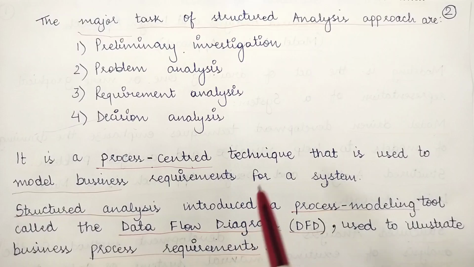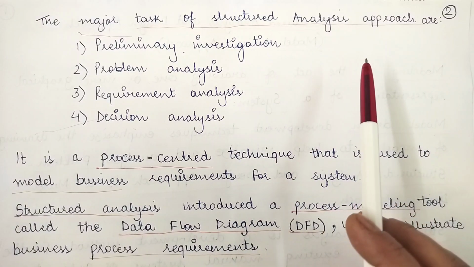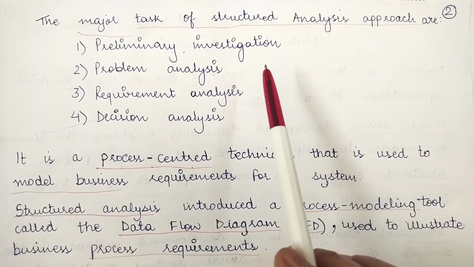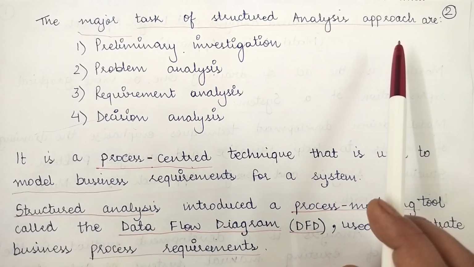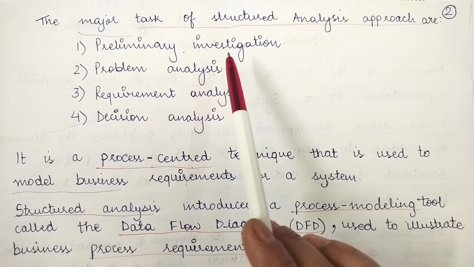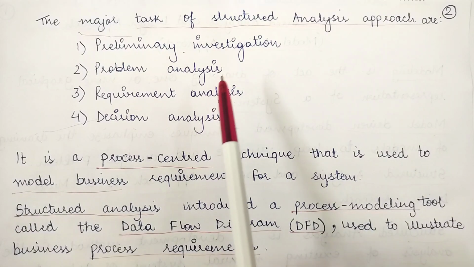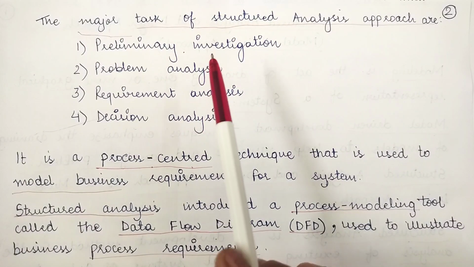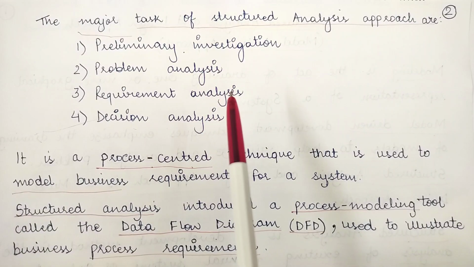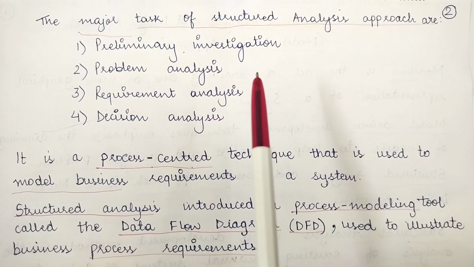The major tasks of the structured analysis approach: there are 4 major tasks of any structured analysis approach. The first one is preliminary investigation. See, the sequence of the phases is very important here, and we have to perform each and every phase in sequence only. We cannot go out of sequence.